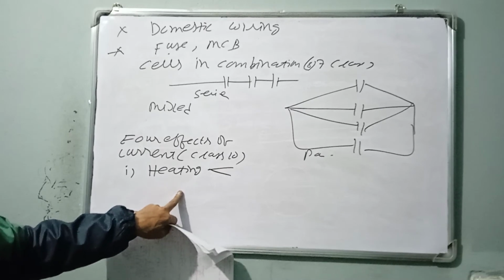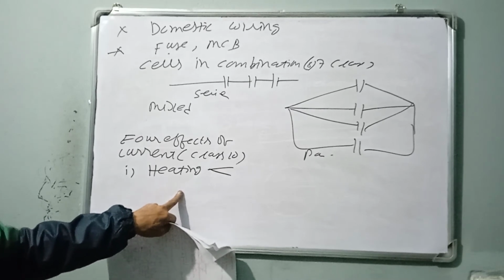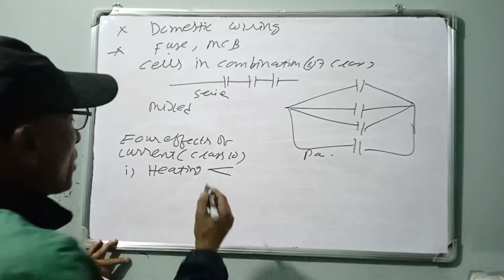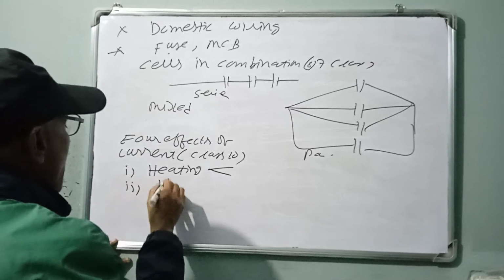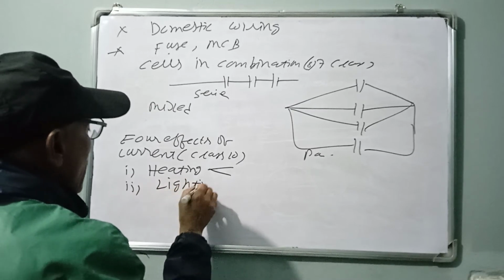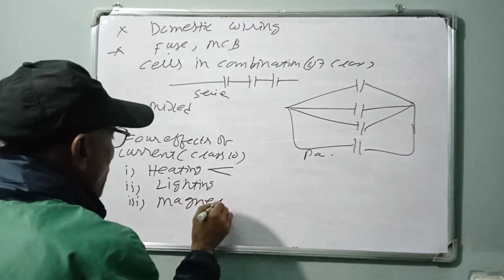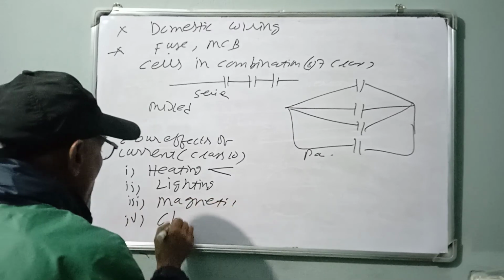Electrical energy is changed into heat energy with the help of a heating element, such as nichrome wire. Another is the lighting effect. Another is the magnetic effect. Another is the chemical effect as well.